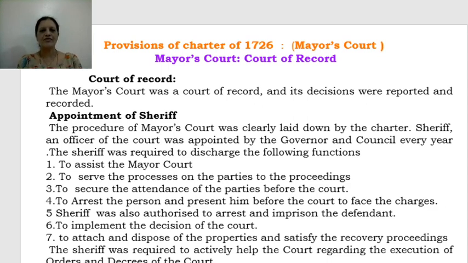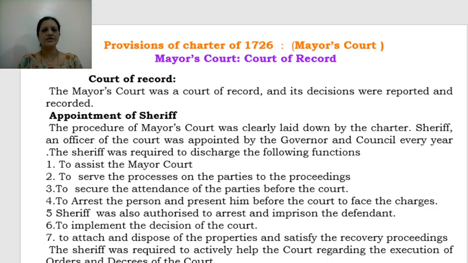The sheriff was required to discharge the following functions. Number 1, to assist the mayor's court. Number 2, serve the processes on the parties to the proceedings. Number 3, to secure the attendance of the parties before the court. Number 4, to arrest the person and present him before the court to face the charges.